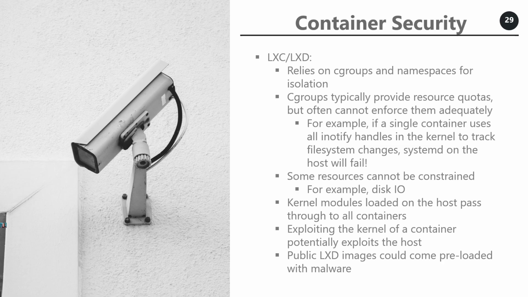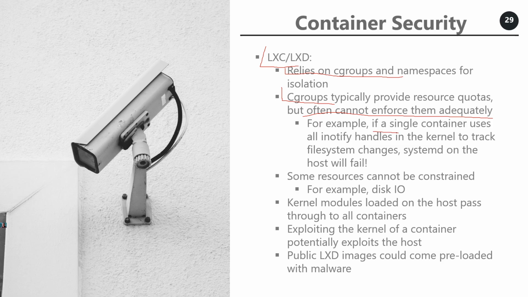Container security, an interesting topic. As I mentioned before, LXC over LXD relies on C groups and namespaces for isolation. You can have resource quotas using C groups, but you cannot enforce them.